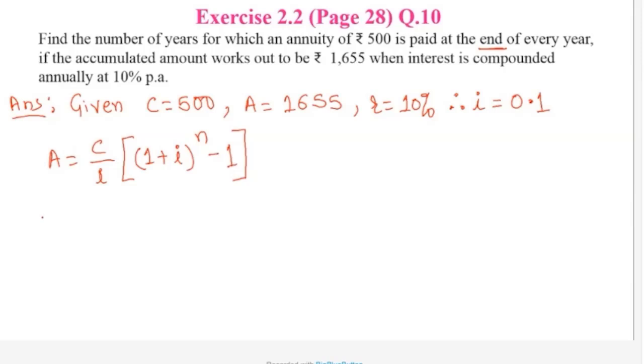Put the values. 1655 is equal to C is 500 upon i 0.1, in square bracket, in round bracket, 1 plus 0.1 raised to n, minus 1.